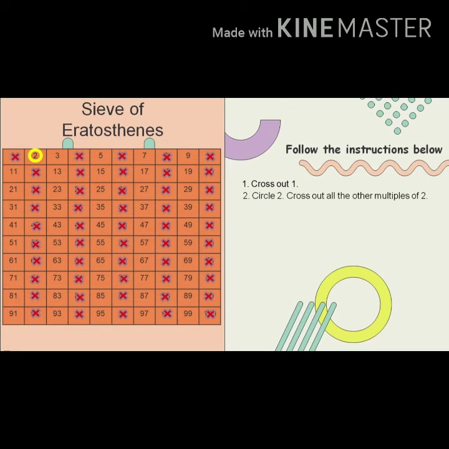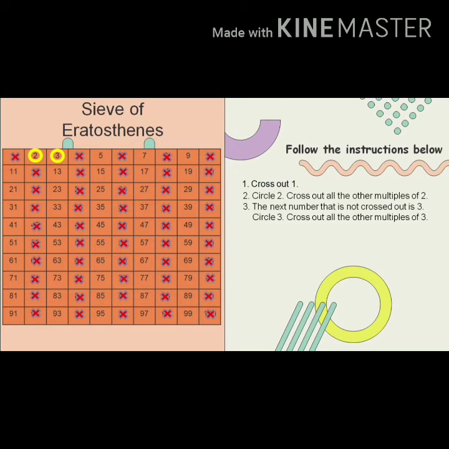Now go to the next number that is not crossed out. That is 3. So you need to circle 3 and cross out all the other multiples of 3. Some have already been done, but I'll cross them off again so you can see the multiples.